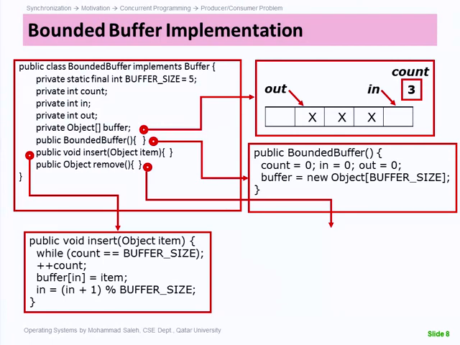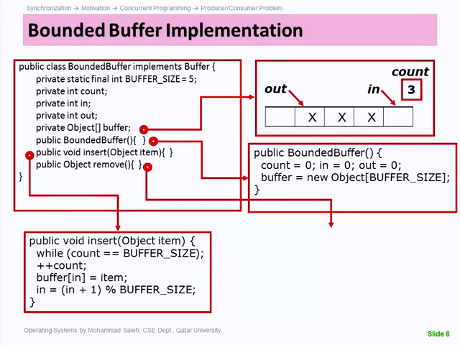If count is not equal to buffer size, it means we have some empty locations, and in that case the producer would proceed to insert the object, right? The insertion is done by incrementing count, and then inserting the item in the location pointed at by n, so buffer[n] equals item, and then we increment n.